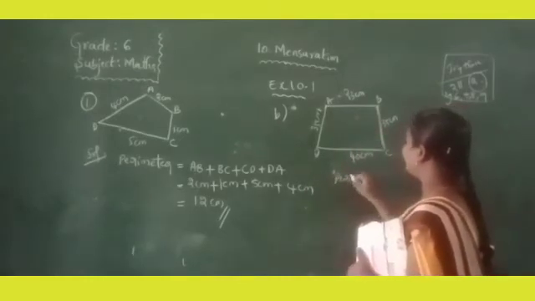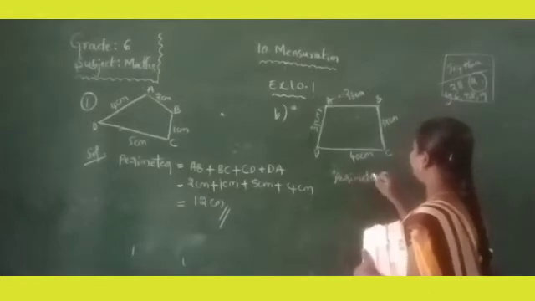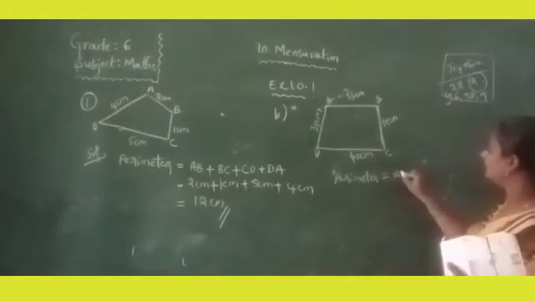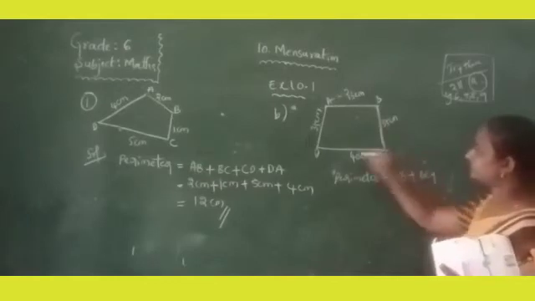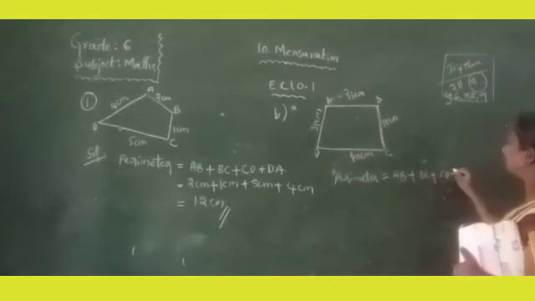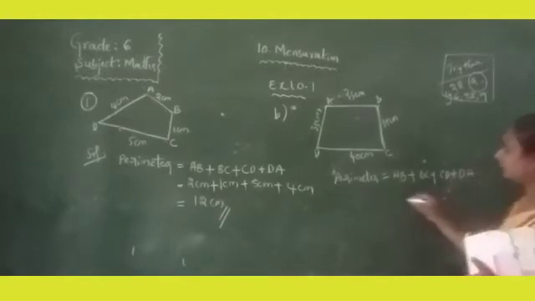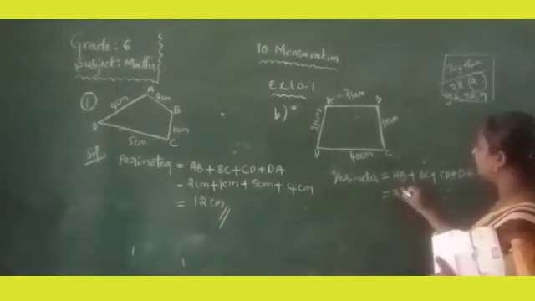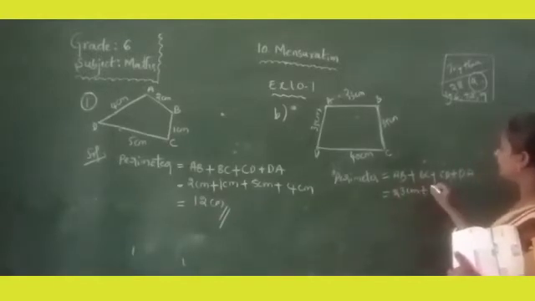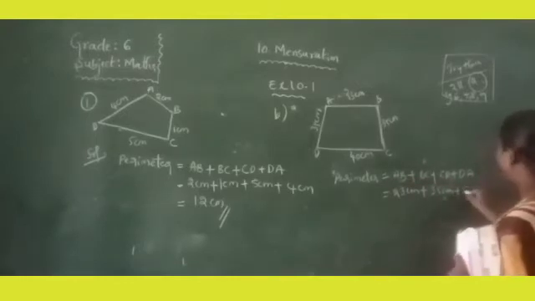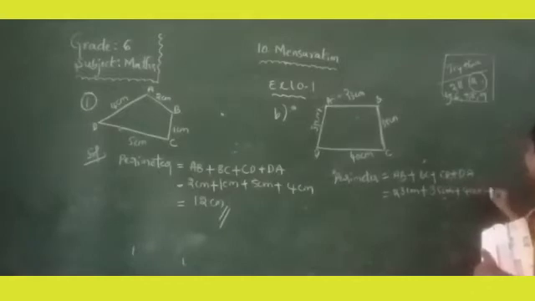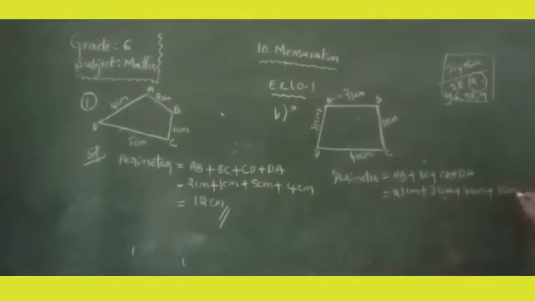Now write the perimeter. Perimeter is equal to AB plus BC plus CD plus DA. Length of AB is 23 centimeters, BC is 35 centimeters, CD is 40 centimeters and DA is 35 centimeters.